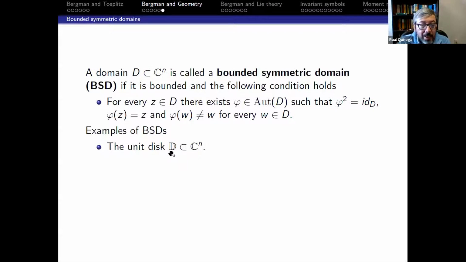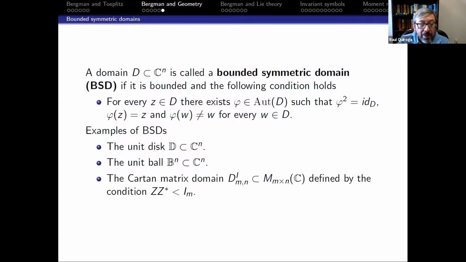Examples, that's very important. The unit disk that somehow Nikolai considered before. The unit ball, of course, he also considered that. The unit ball in Cn. There are many other bounded symmetric domains, but let me mention this just to have some more abstract example in mind. This Cartan matrix domain.